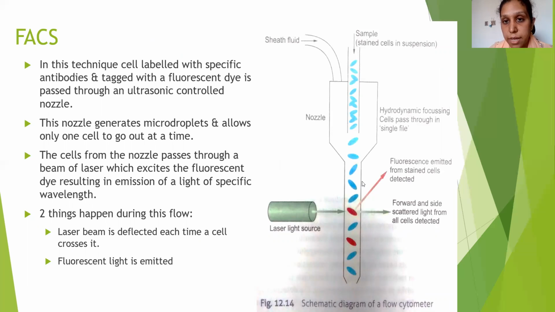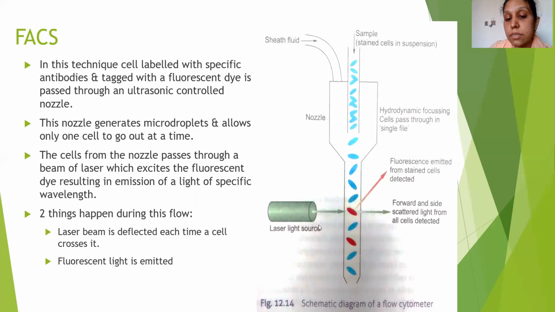Now you can see in this diagram, we put the sample and there is also a sheath fluid to maintain the flow. We add fluid to the sample, and with the help of hydrodynamic focusing, cells pass through in a single file.